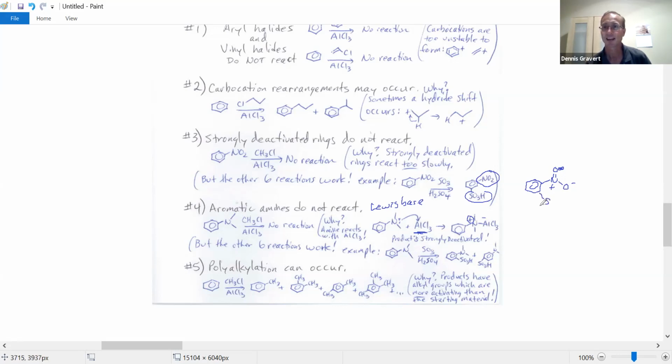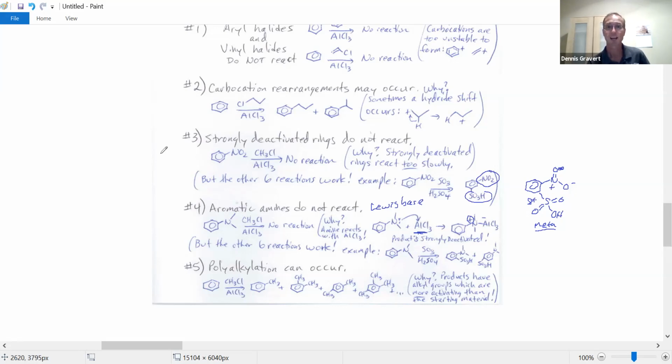And the sulfonic acid group, the sulfur has a significant positive charge. And when the atom is slightly positive charge or full positive charge next to benzene, that deactivates a ring. That makes for a metadirector. Nitrogen positive charge now is a metadirector. It's a deactivating group.